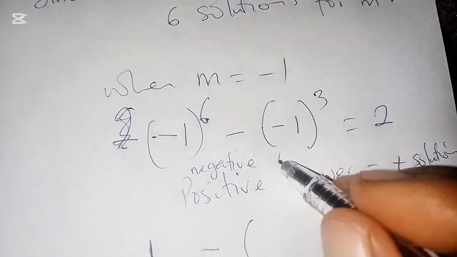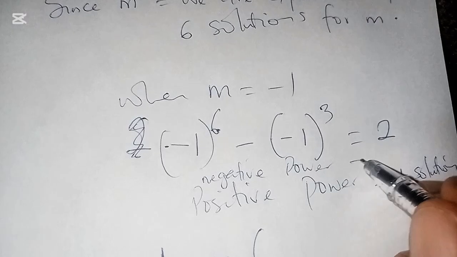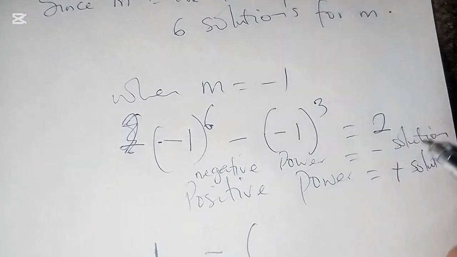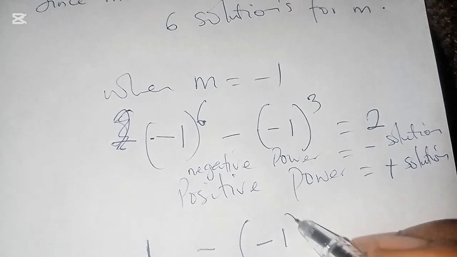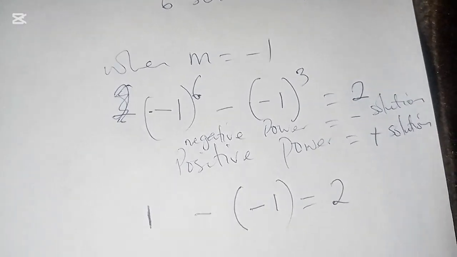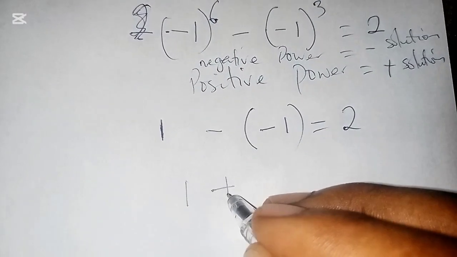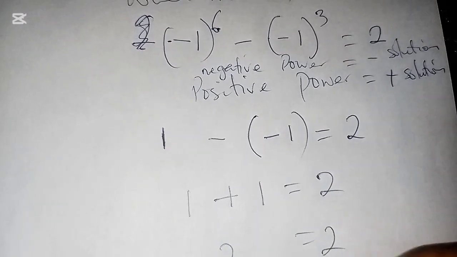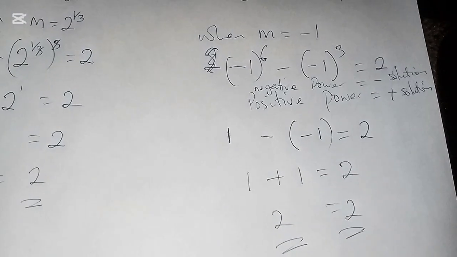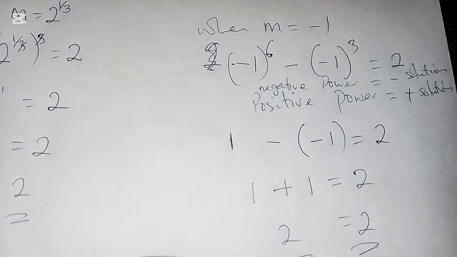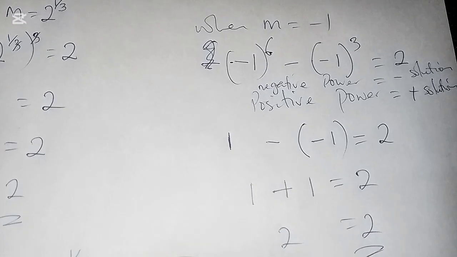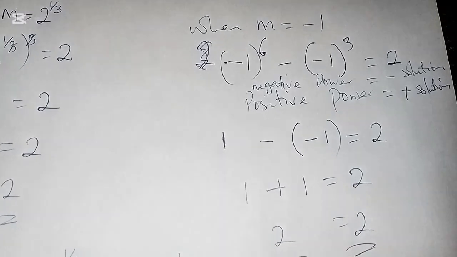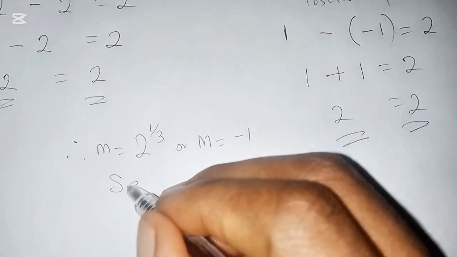I mean, if the power is even, it's going to give you a positive solution. But if the power is odd, it's going to give you a negative solution. Please pardon me again. Okay, so we have 1 minus, in bracket, -1. 1 plus 1 equals 2, equals 2.